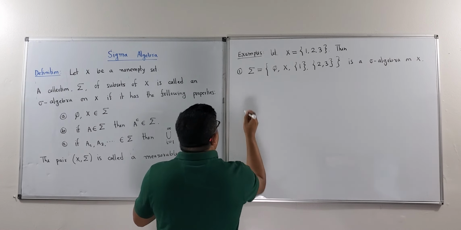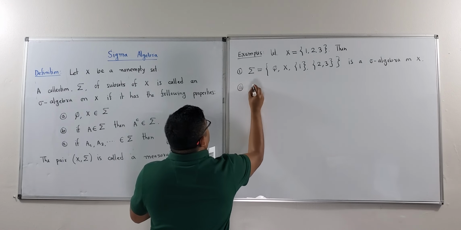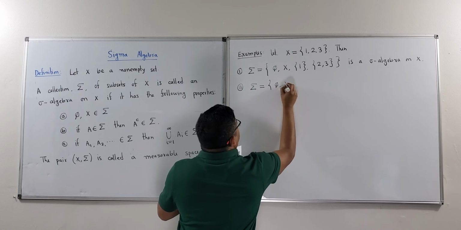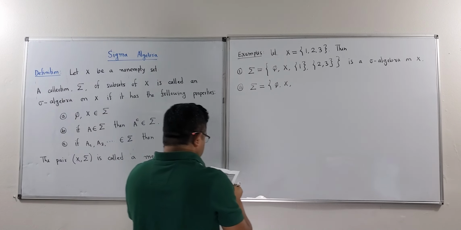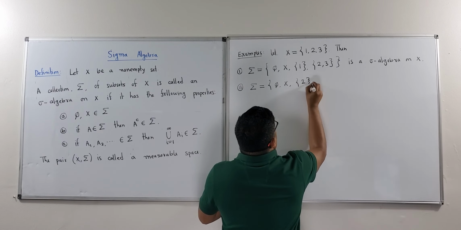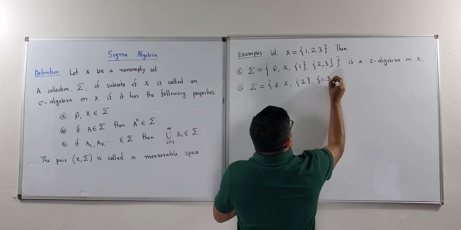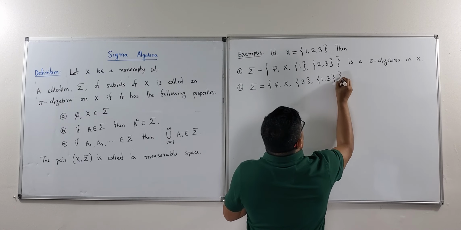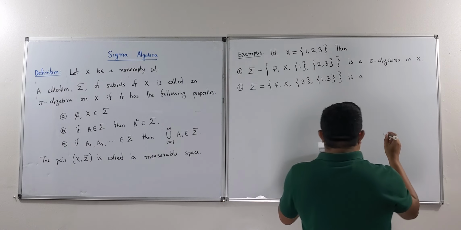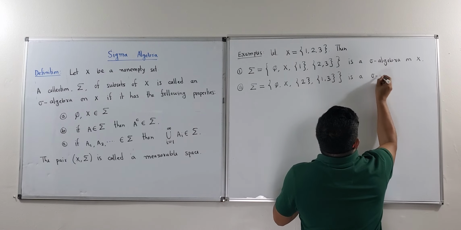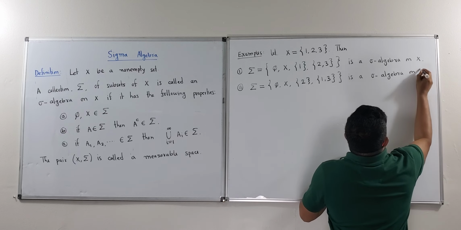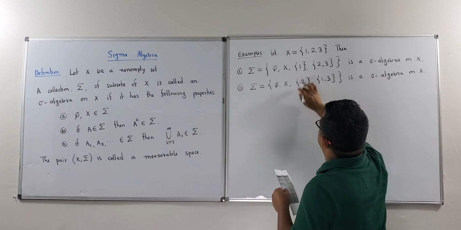Now we can give a second example. If we consider sigma equals the empty set, X, then {2}, {1, 3}, this is also a sigma algebra on X. This is similar to the first one.